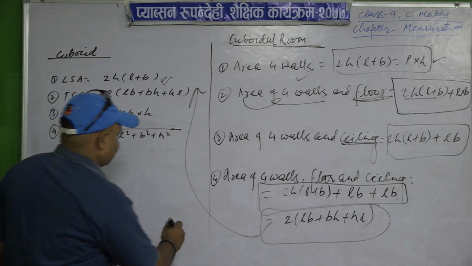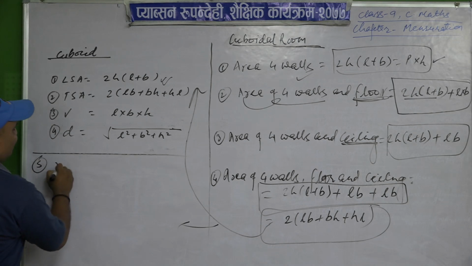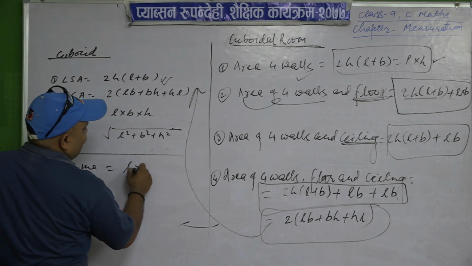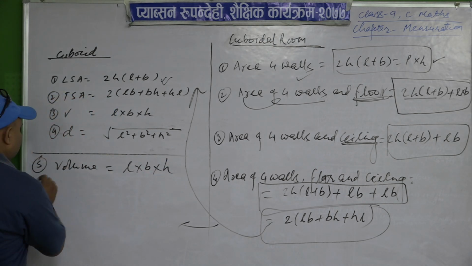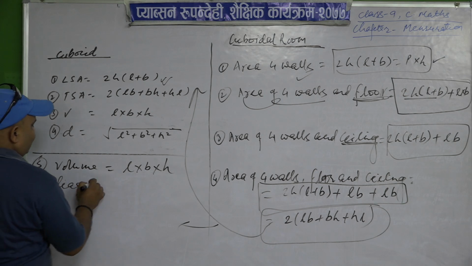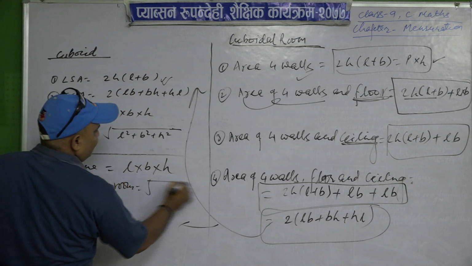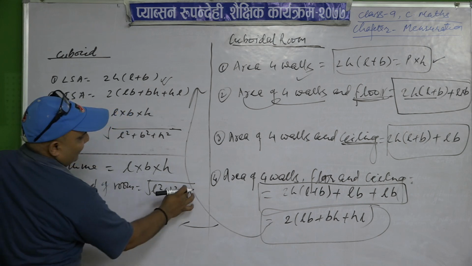And again, come here, number 5, volume. Volume is also the same, L into B into H, and the diagonal of the room is also the same, the square root of L square plus B square plus H square.